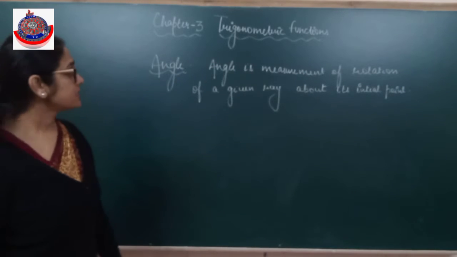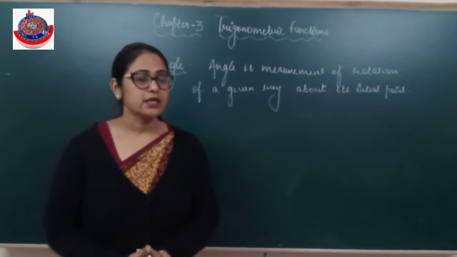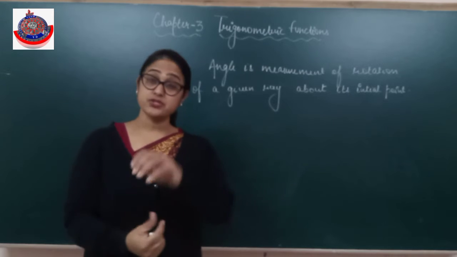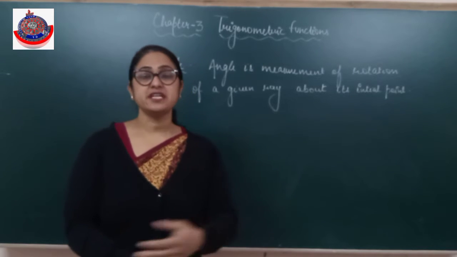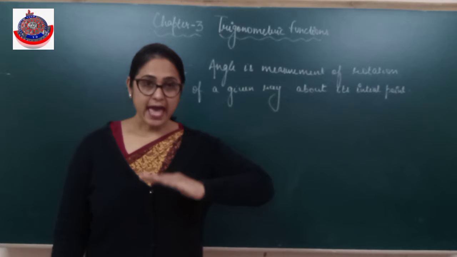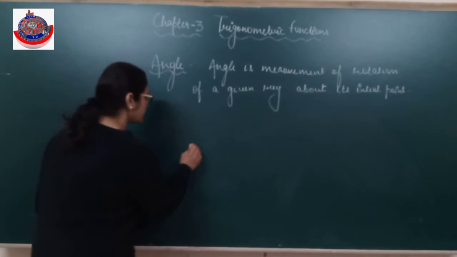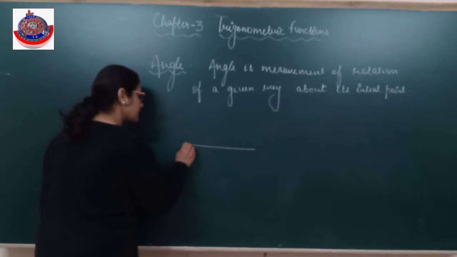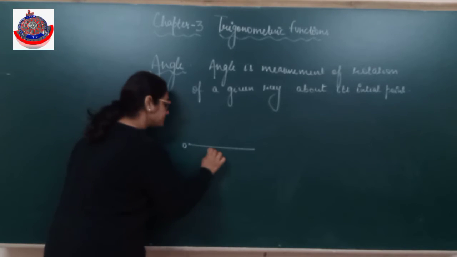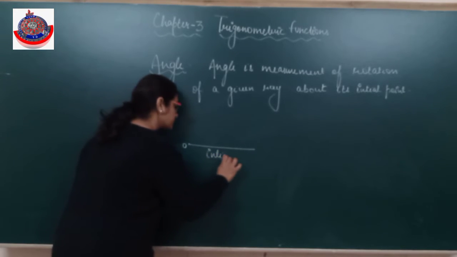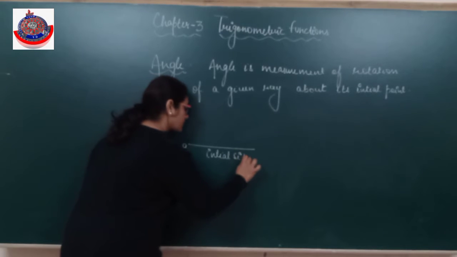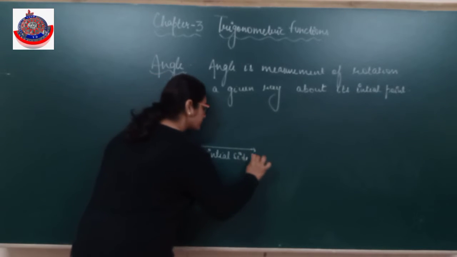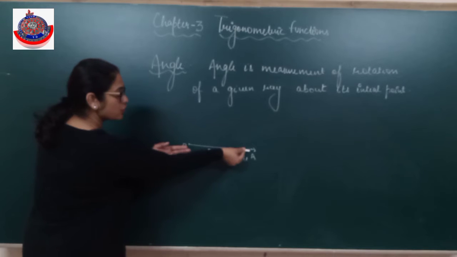Alright, and see, angles you have started, I think, in your class 6th only. You have constructed the angles 30 degree, 45 degrees. So what is an angle? Suppose this is my initial ray and this is my initial point. Suppose this initial ray goes up to here.